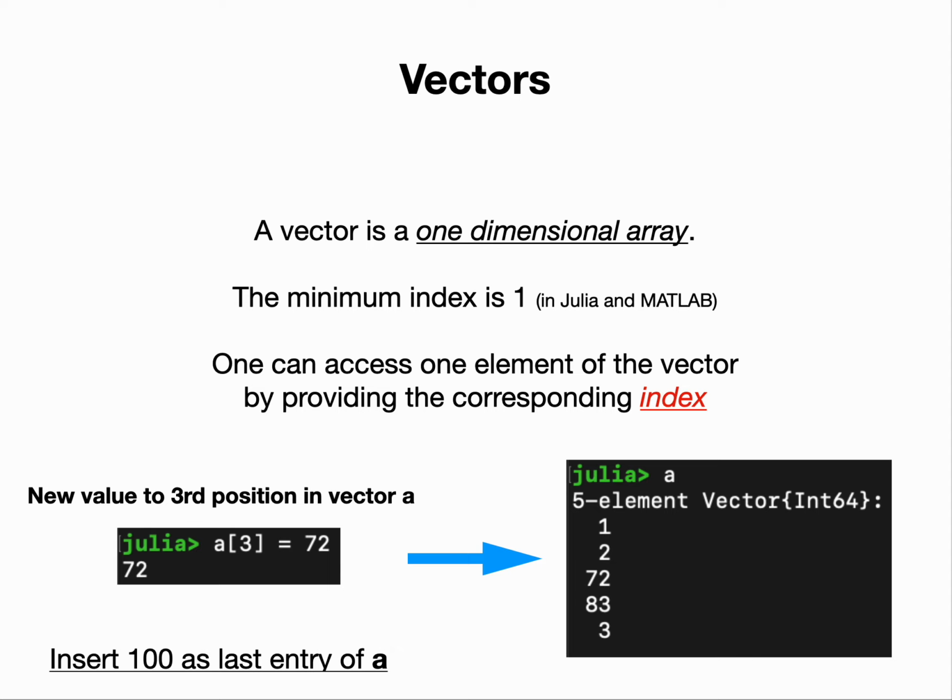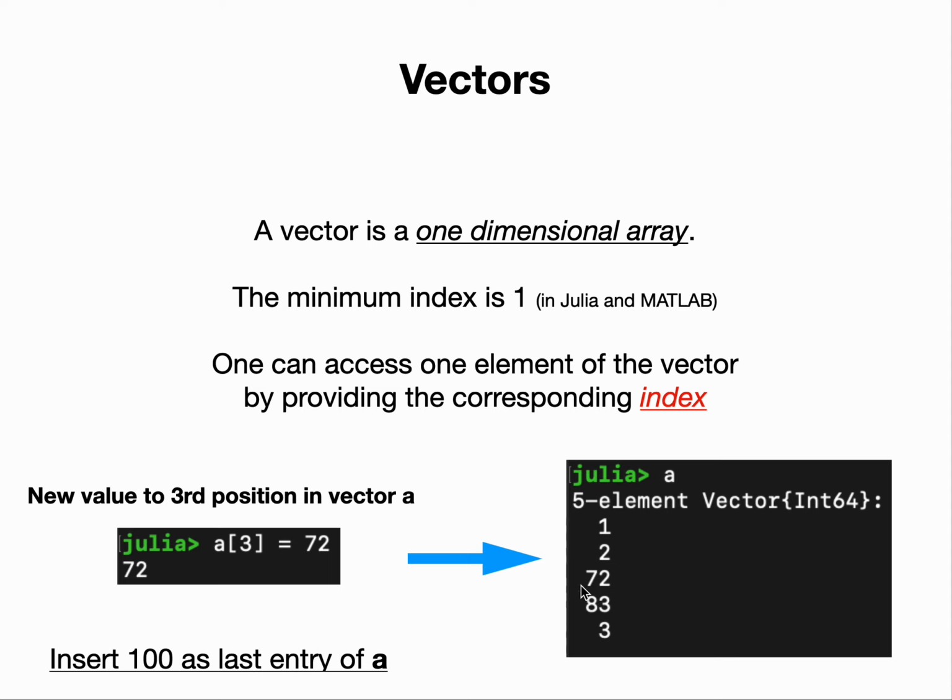You can also modify the vector using the index. In this example, now you will access A of 3 and replace the number by another number, here 72. So if you do A position 3 equal 72, then the third entry will be replaced.